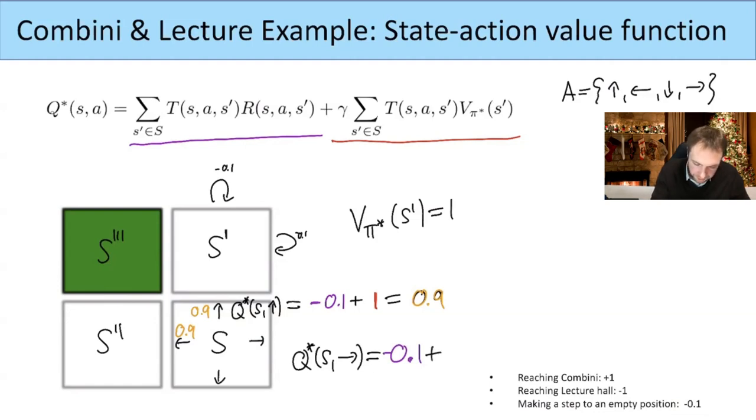plus, but then from there we know that the value of the optimal policy of S is 0.9. So therefore here we have 0.9, so this is 0.8.